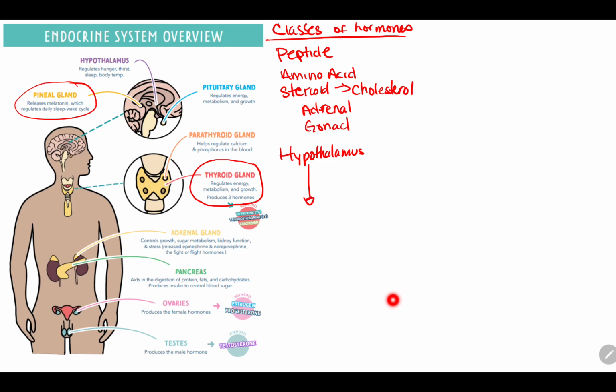It's going to go down that hypothalamic hypophyseal portal system, I should say, and it's going to send those hormones to the anterior pituitary gland, and from the anterior pituitary gland it's going to go to a peripheral organ, right?